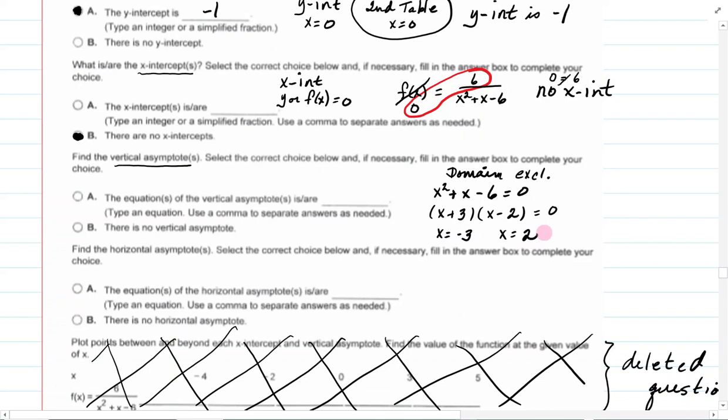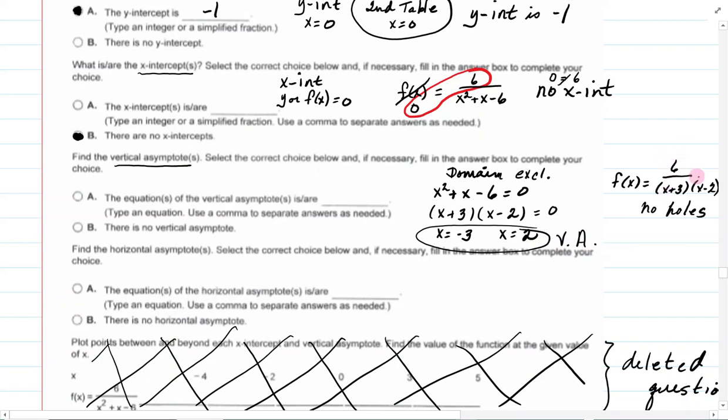I want to take just a minute and remind you that f of x in factored form is 6 over x plus 3 times x minus 2. Nothing divides out, so there are no holes. Both of these exclusions are vertical asymptotes.